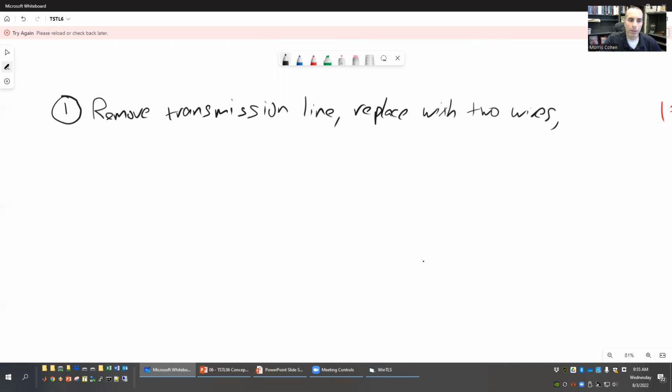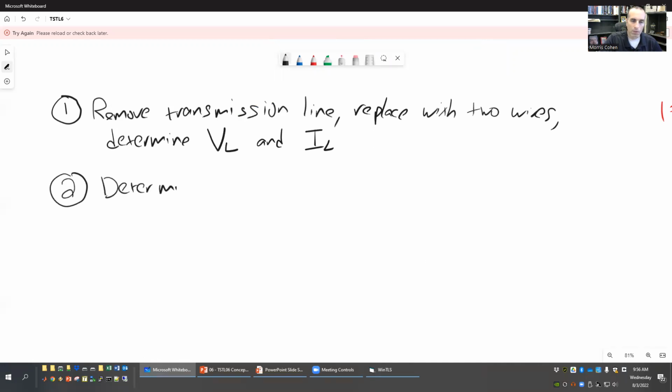And then more importantly, you want to determine the voltage and current on the load, VL and IL. Step 2 is determine the initial V positive and V negative, the steady state positive and negative going waves after all those back and forths have finished out.